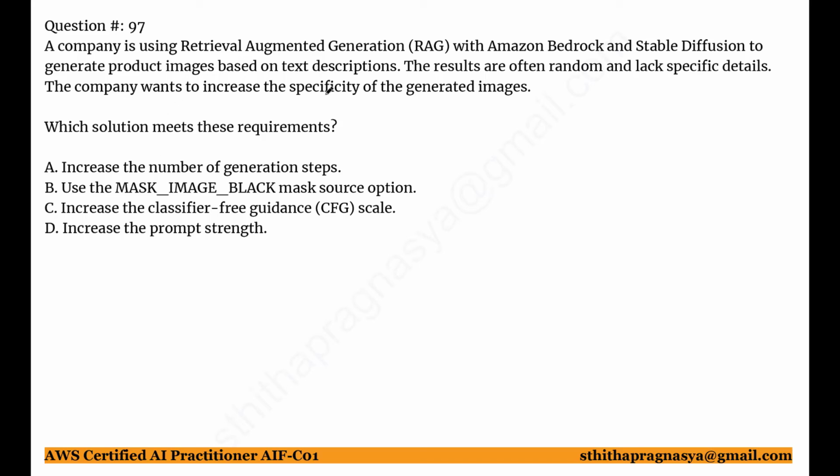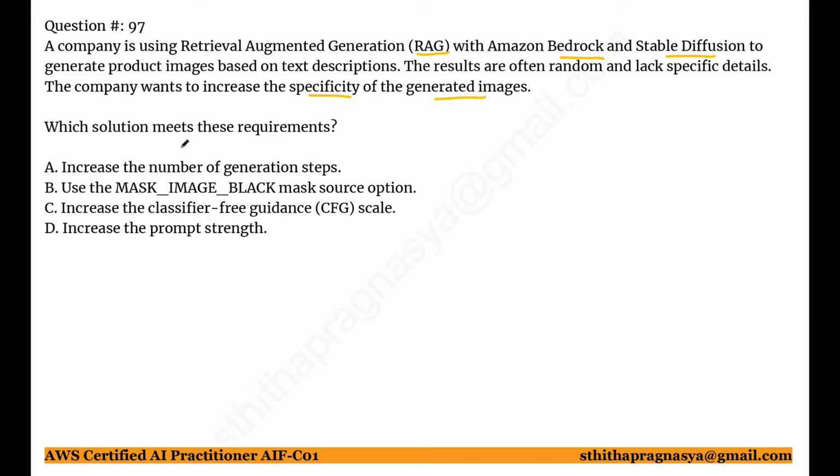The company uses RAG, or retrieval augmented generation, with Bedrock and Stable Diffusion to generate product images, but finds the results random and lacking specific details. The question is asking which solution would improve the specificity of the generated images.